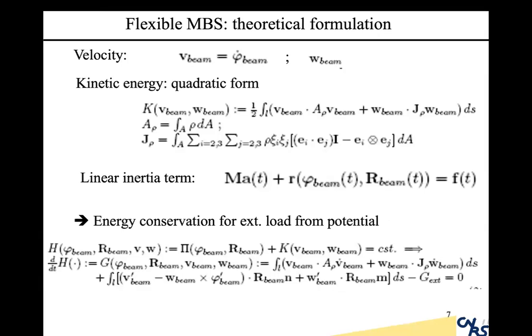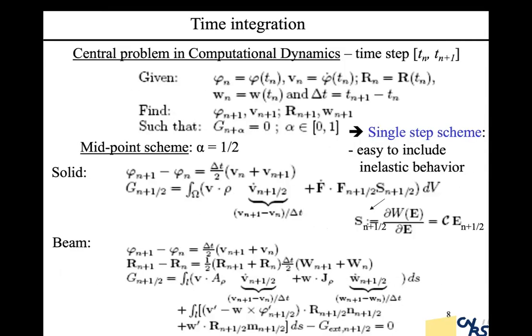And basically, I can obtain my kinetic energy, again, as a quadratic form. The linear inertial term would be mass times acceleration. Internal forces could be a function, and only a function, of this rotation, typically equal to the force. And again, if I remove the external force, what characterizes this model is that the total energy, the Hamiltonian, internal plus kinetic energy, is conserved.